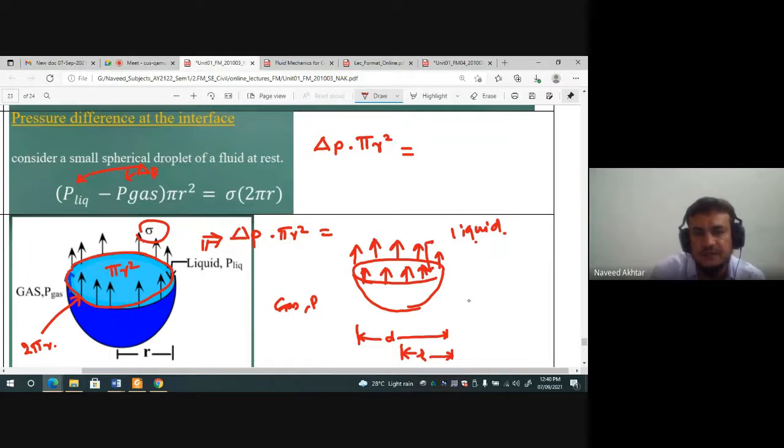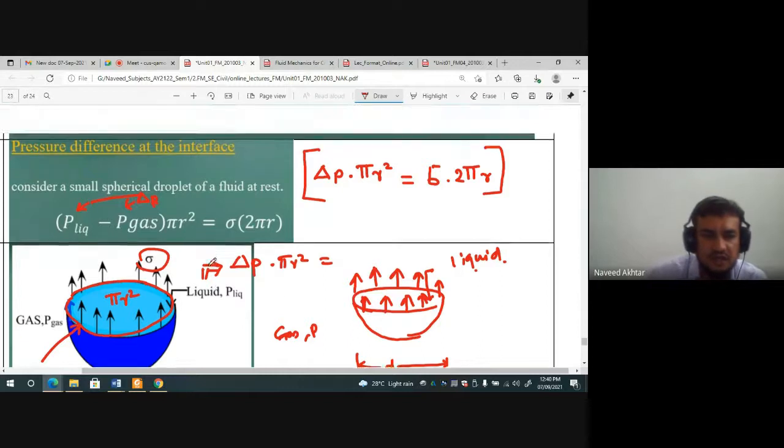It is equal to the surface tension sigma, acting around the periphery of the droplet of water, so that is sigma into 2 pi r. So this is the pressure difference at the interface.